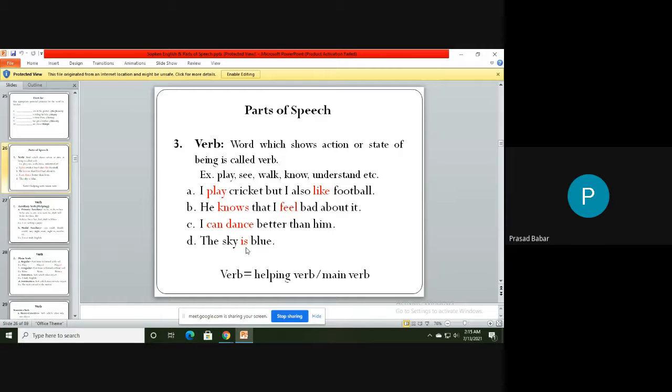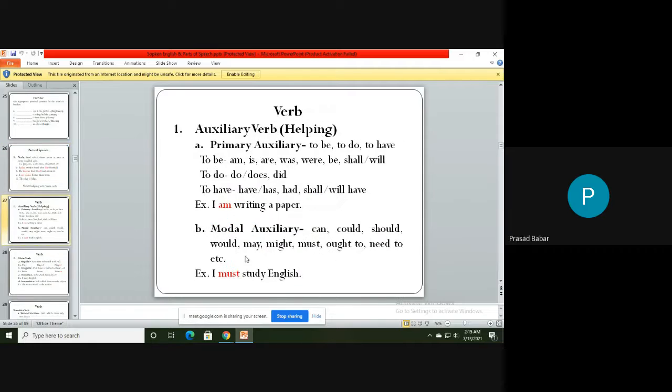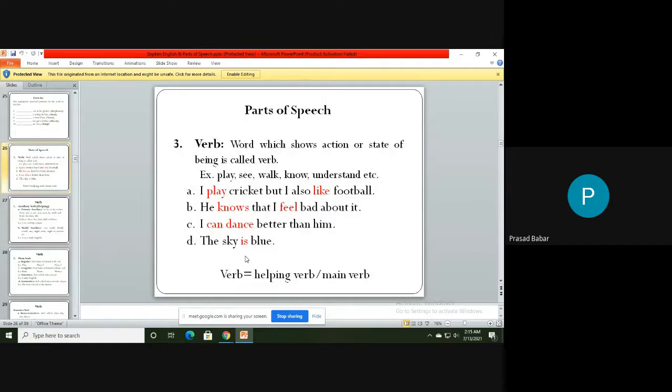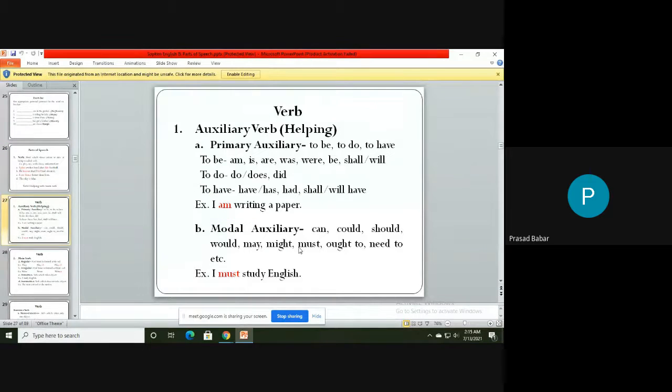So verbs are of two types. First is helping verb or auxiliary verb, and next is main verb. So let's discuss them. First is auxiliary verb or helping verb. Then what is the auxiliary verb?